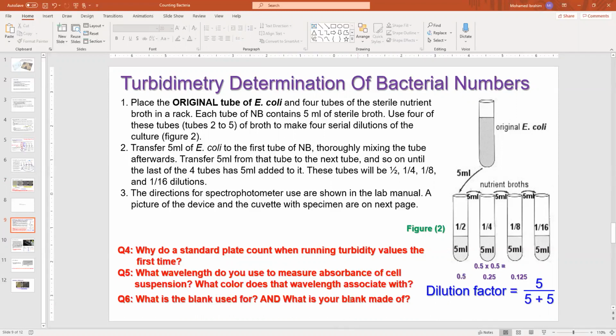Gotcha. And when I ask what is your blank made of, remember, what do you think? If I'm taking a culture like this, I'm trying to measure absorbance, but I need to use a blank. So what will my blank be made of, in your opinion? Anything without bacteria. Like what? A buffer. What else?